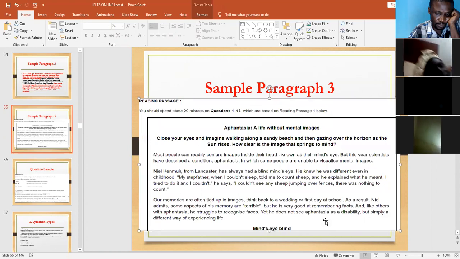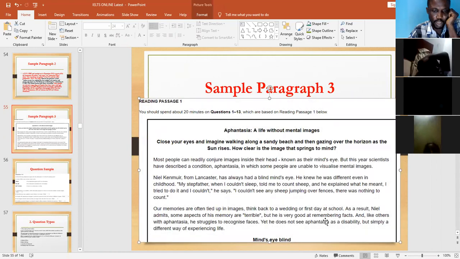Okay, now this is a sample paragraph, and just like I was saying last week, when you are reading, irrespective of the language of expression of the writer, one thing you need to do is quickly understand the main idea of the passage and then recognize the key things that happened.